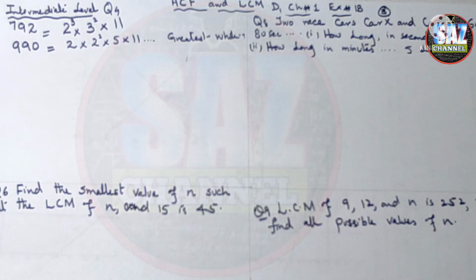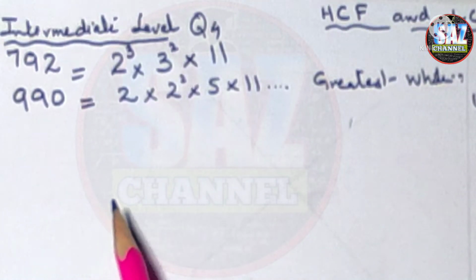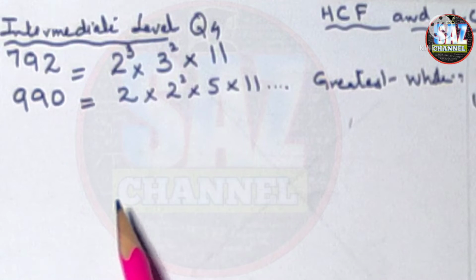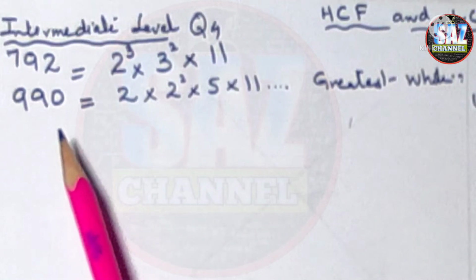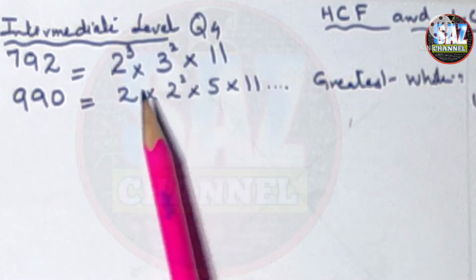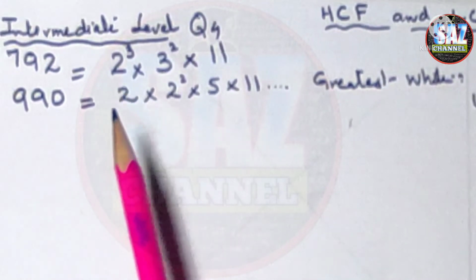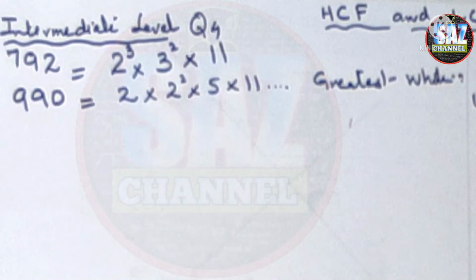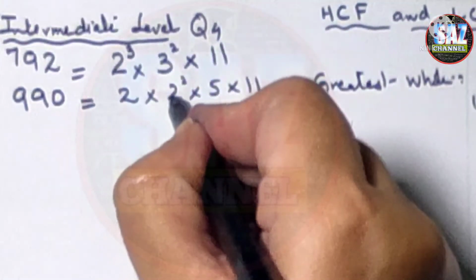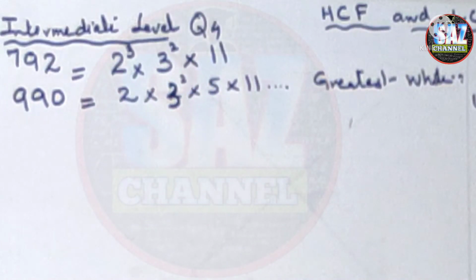Question 4. As the question is long, I've written the question in short form. Question 4 says that the numbers 792 and 990 written as the product of their prime factors are 792 equals 2 cubed multiplied by 3 squared multiplied by 11, and 990 equals 2 multiplied by 3 squared multiplied by 5 multiplied by 11.